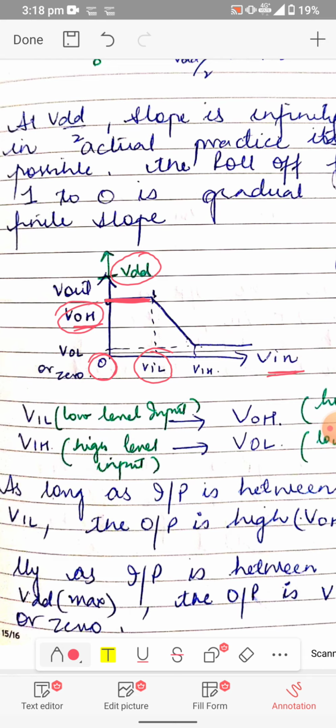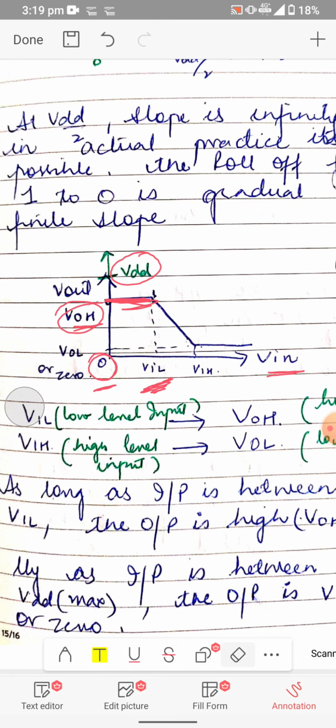So VOH is the minimum output value which we assume as logic 1. When your input is in the range 0 to VIL, the output will be either VDD or VOH, and both these logic levels, VDD and VOH, are taken as logic 1.